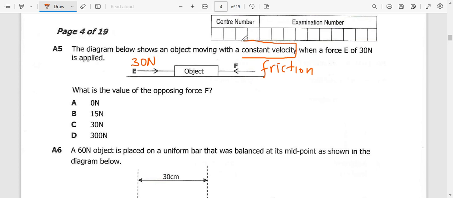velocity. If you hear constant velocity, what will be the value for acceleration? Let's say you are drawing a speed time graph.